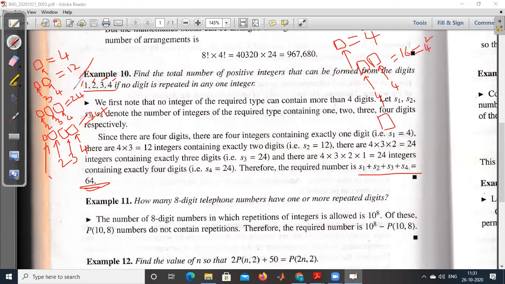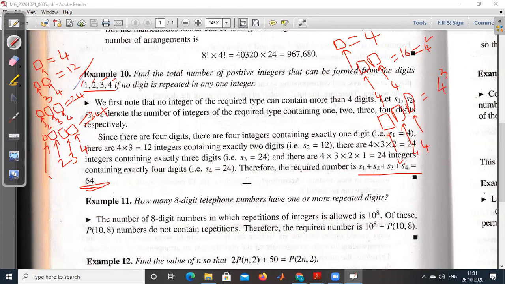If the repetitions are allowed, this can be in 4 ways. For the second position also 4 digits are available, and for the third position also 4 digits are available. So that means 4 cube.